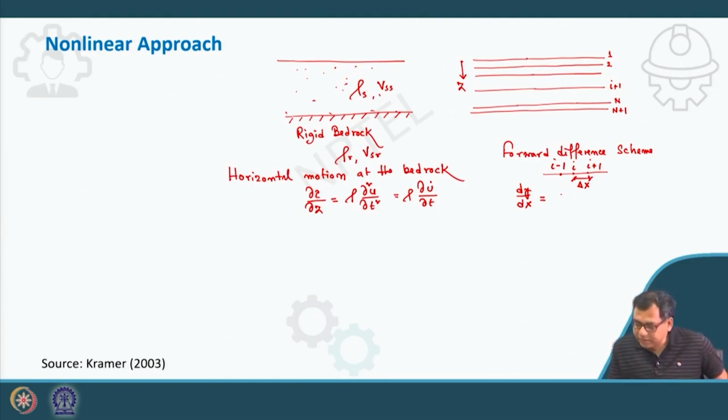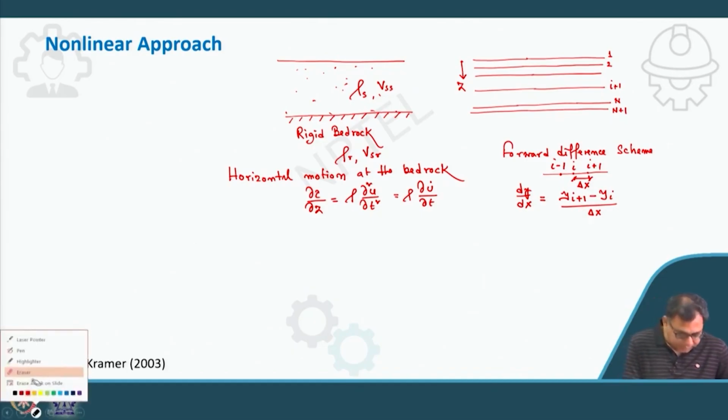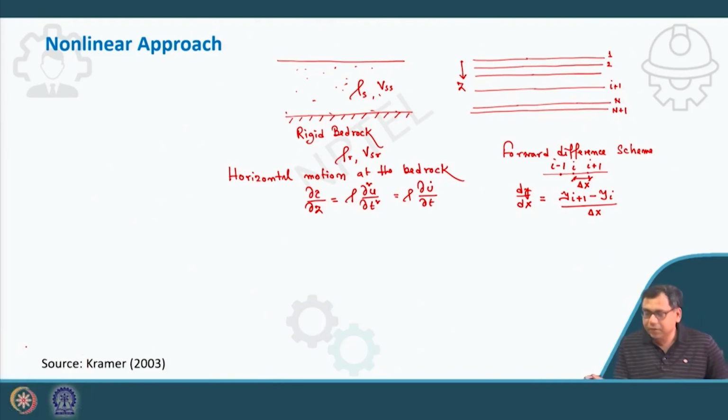So, I can write that as y I plus 1 minus y I divided by del x. This is my forward difference scheme. That means we are going in the forward direction.